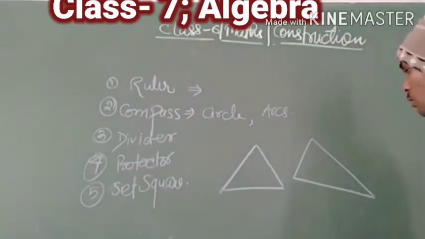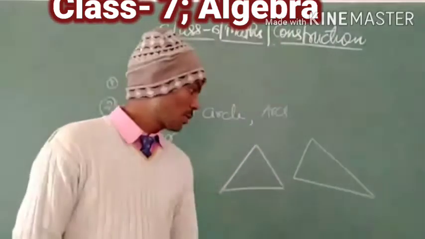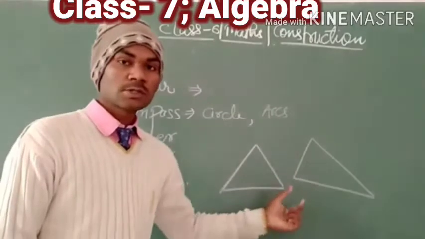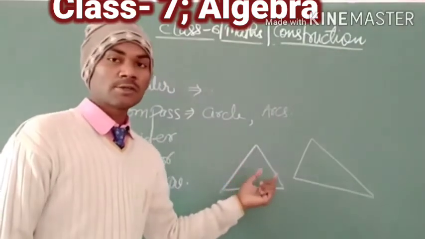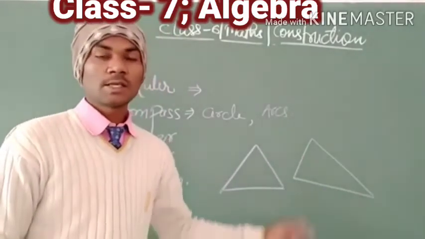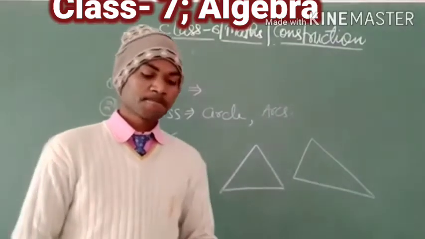There are two types of set square, but right now I do not have any to show you. You can say they are two triangles, one isosceles and the other scalene, and these are also used to draw angles.